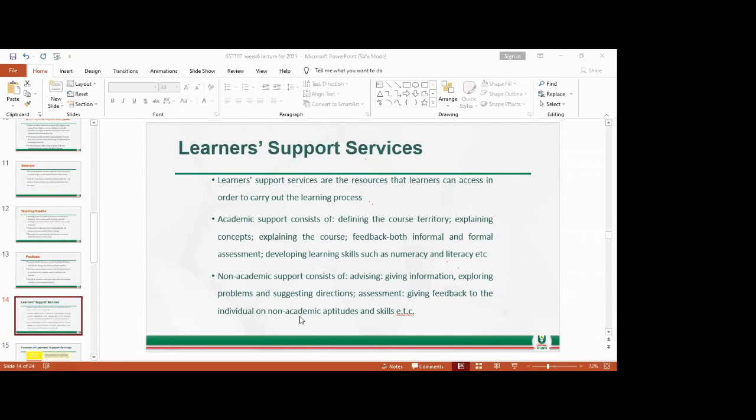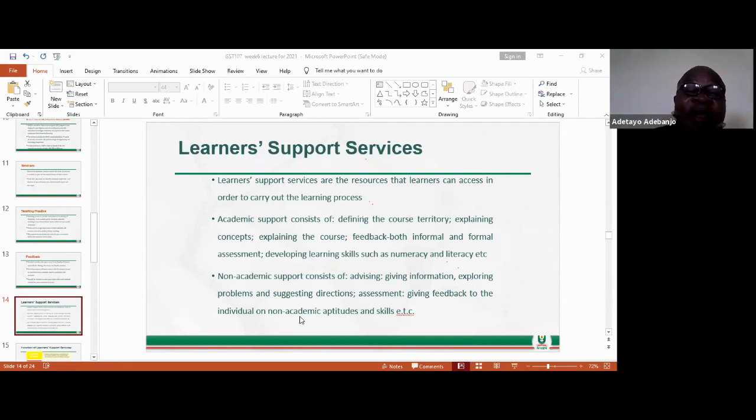Now, let's talk about learner support services. Learner support services are resources that learners can access in order to carry out the learning process. When we started this course, I told you that everything you need to know about National Open University will be revealed to you here.